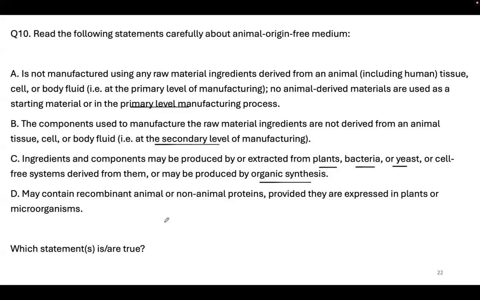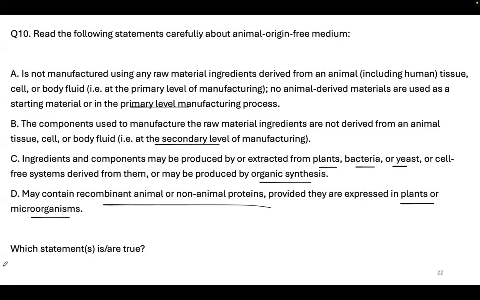And the fourth statement is they may contain recombinant animal or non animal proteins, provided that they are expressed in plants or microorganisms. So, which of these statements do you think is true when we talk about animal origin free medium? If you go and look at how neurobasal A was made, or any other defined medium, which statements do you think would be applicable?